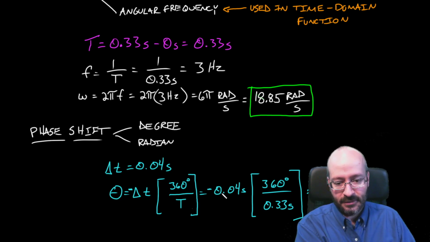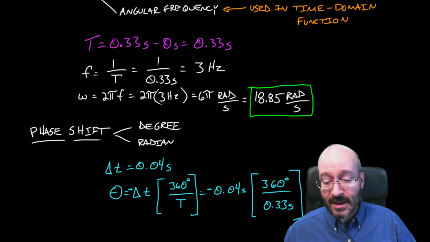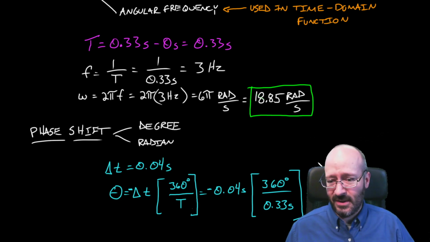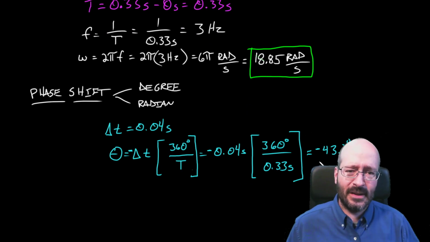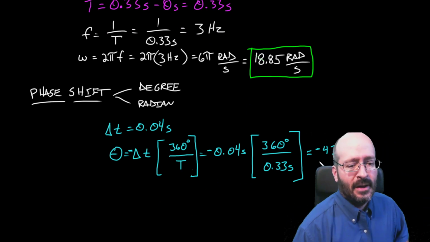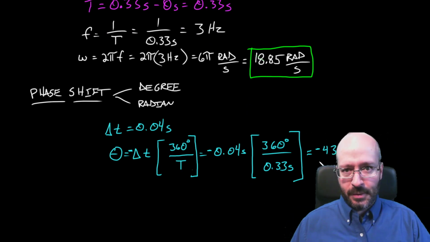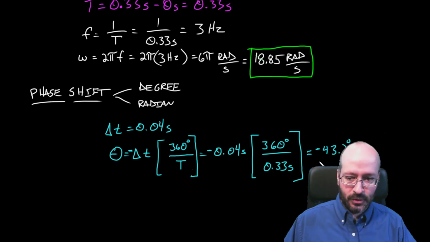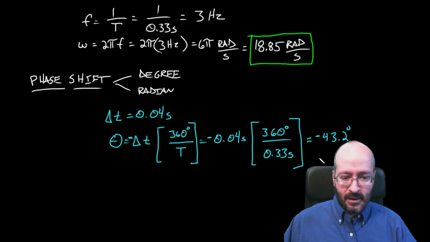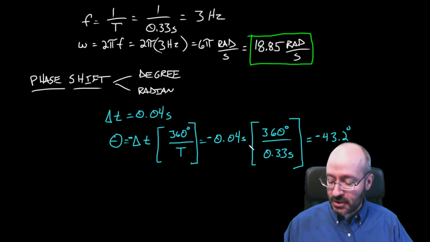So we have negative 0.04 seconds and negative 43.2 degrees. Does that make sense on the phasor diagram? We want to make sure that shift took place in the right direction. We'll do that when we get to our phasor. But that was our third piece of information.